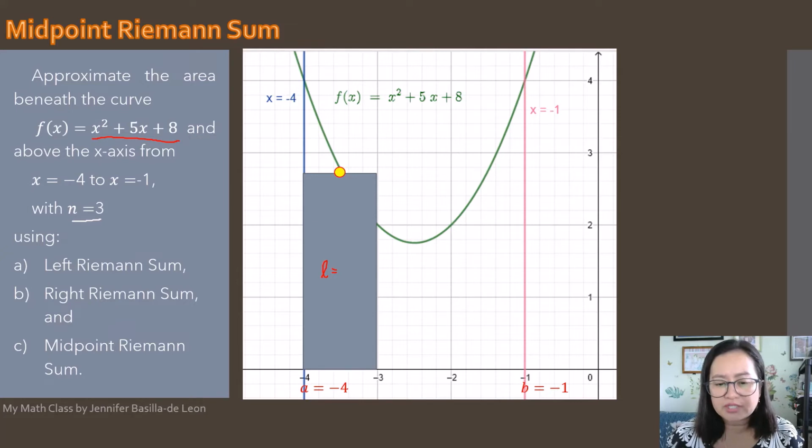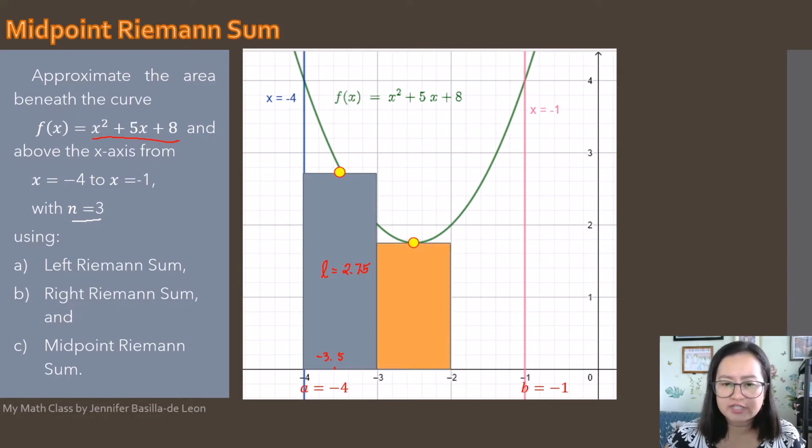So from -4 to -3, the midpoint would be -3.5. So evaluating the given function at x equals -3.5, we shall have length equal to 2.75.